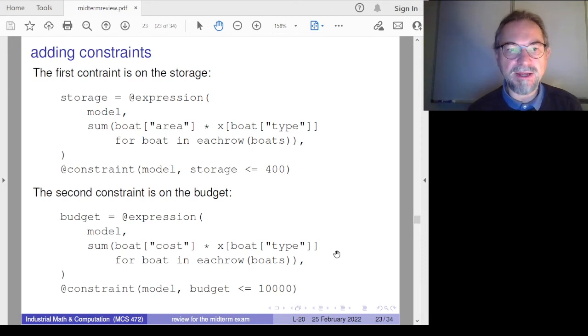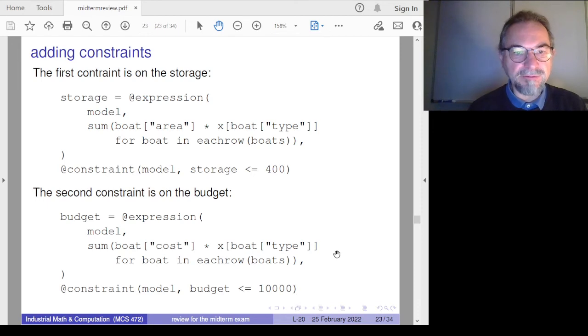This works for any number of boats, so it scales. If you would have a linear programming model that would have many columns, then we could have an outer loop that would run over the columns of the data frame, or over a specific range of columns in the data frame.